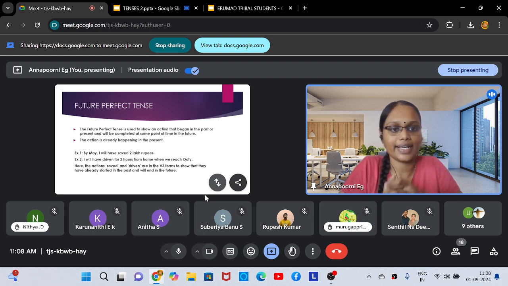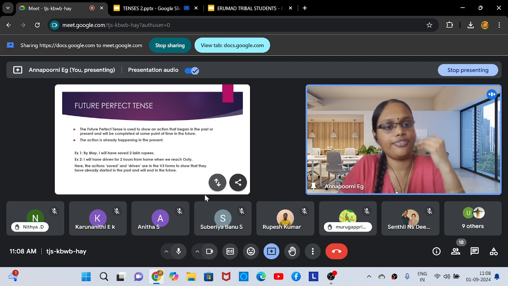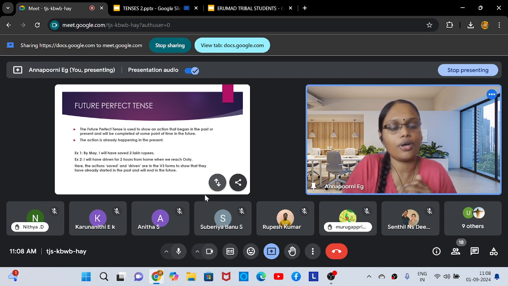Your target is 1 lakh. So last year you started saving. Now also you are saving, but it is not yet 1 lakh rupees. When will it become 1 lakh? Towards the end of 2024 or in 2025 maybe.